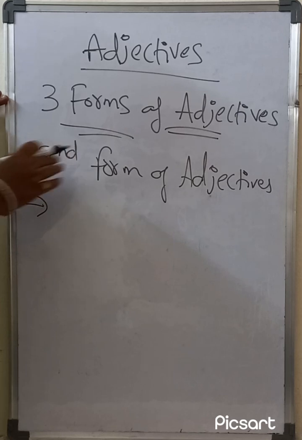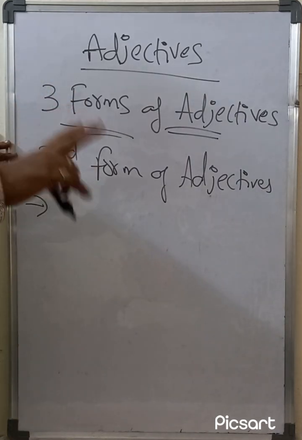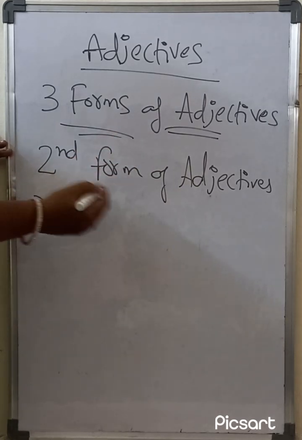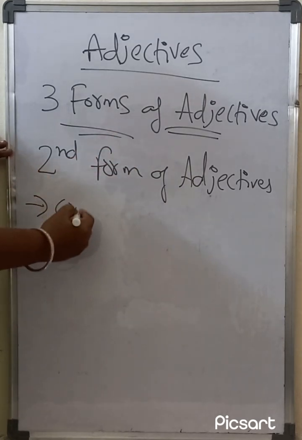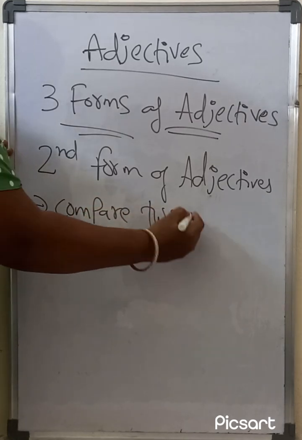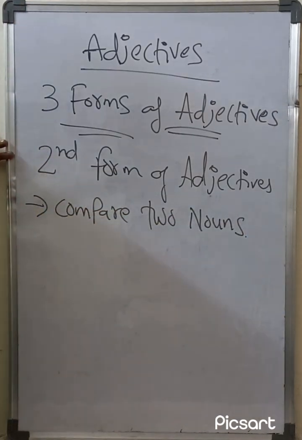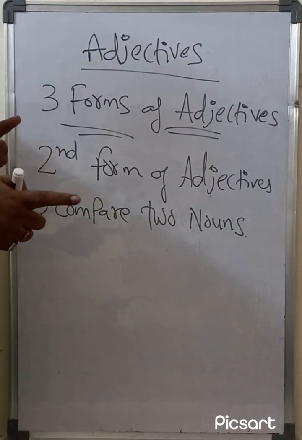So the first point you have to bear in mind is that when we try to compare two nouns, then we use the second form of adjectives, guys. So please bear this in mind. The comparison is between two nouns.